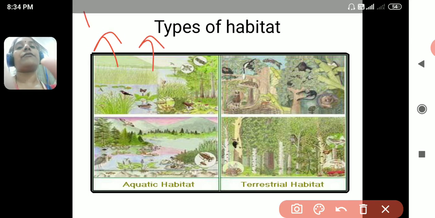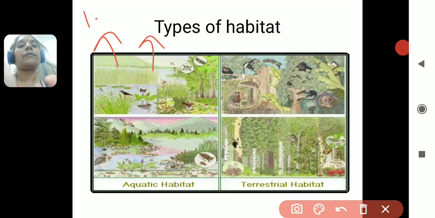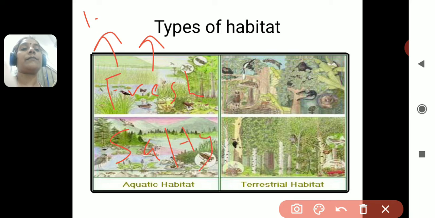First is freshwater and second is salty water. Two types of habitats we can observe in aquatic habitat. And terrestrial habitats have many types, like forest, desert, grassland, mountain.